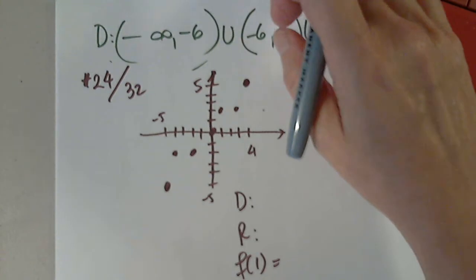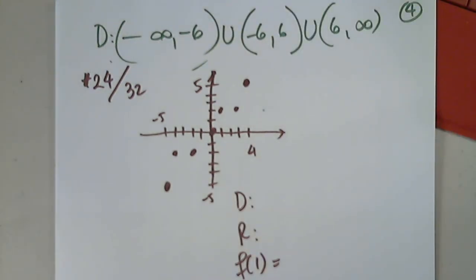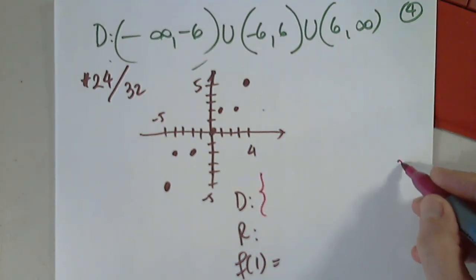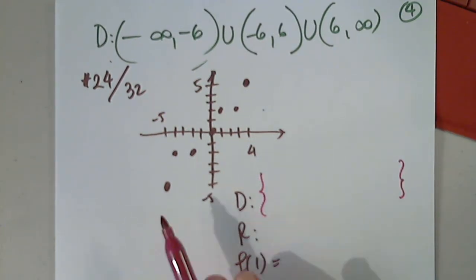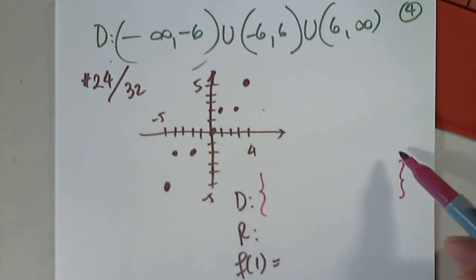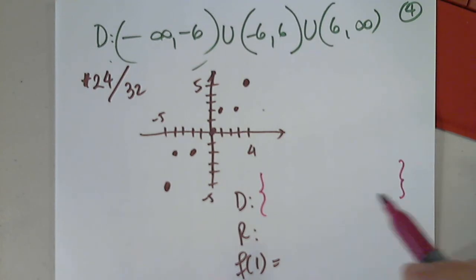The domain would just be each individual point, right? Exactly, and we have to write them with braces. We cannot use parentheses or brackets for finite elements. It's not the set builder notation, but we have to use braces.